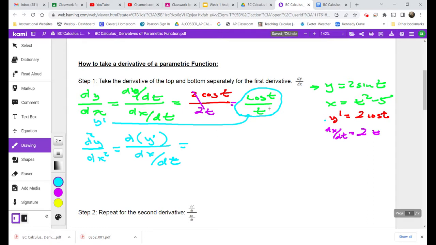Now I have to take the derivative of that, which is a quotient rule. We have the derivative of the top, which is negative sine of t, times t, minus the derivative of the bottom, which is 1, times the top, cosine of t, all over the bottom squared.